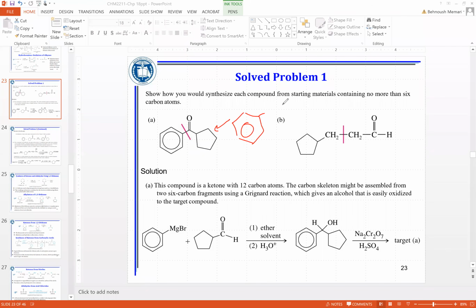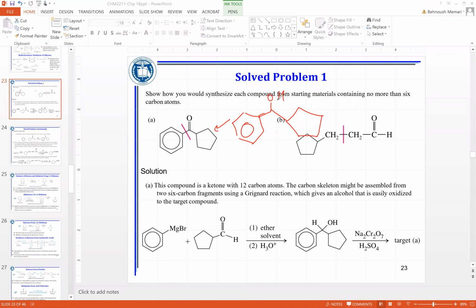Everything stays the same, right? It's a 5-member ring, sorry. Everything stays the same with the exception of here you have OH.